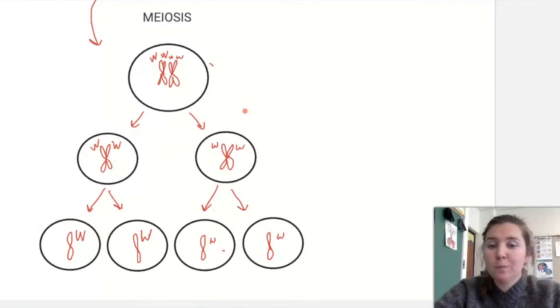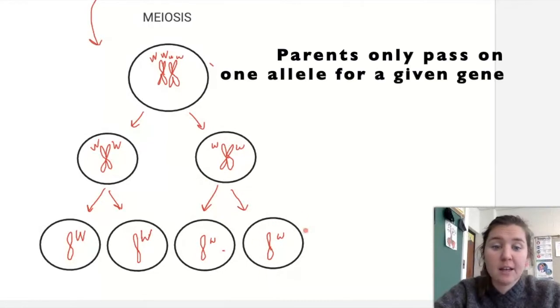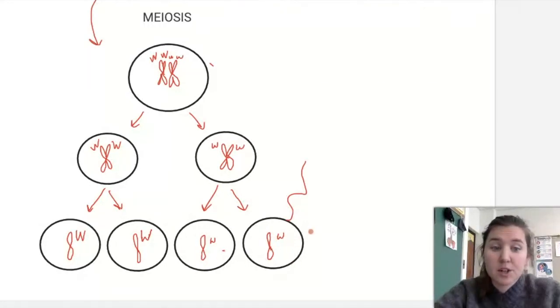That's the first point to remember. The second point is that this is why parents only pass on one allele: because of meiosis. Let's say this is a man going through meiosis and these are sperm. They only have that one allele instead of both, so that's all they're going to pass on.